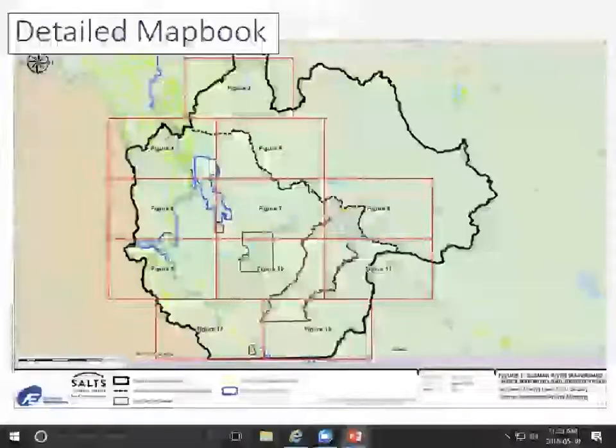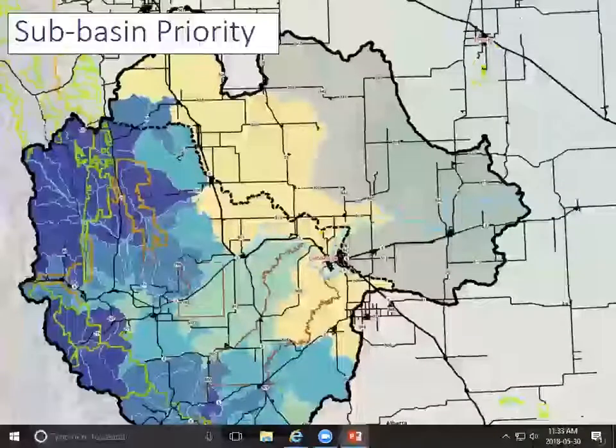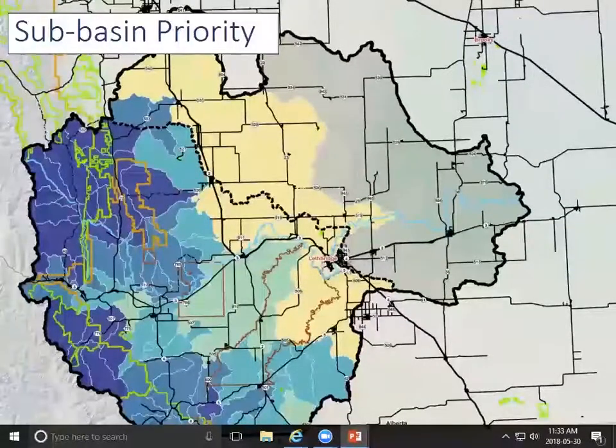So the next map we did was to say, okay, we've got the detailed overlay, but which of each of these sub-watersheds contain the most area that is high priority? And this is important because often watershed action happens at a community level.